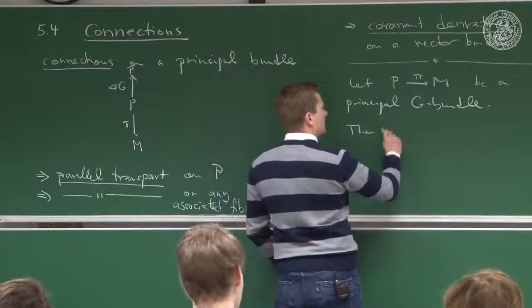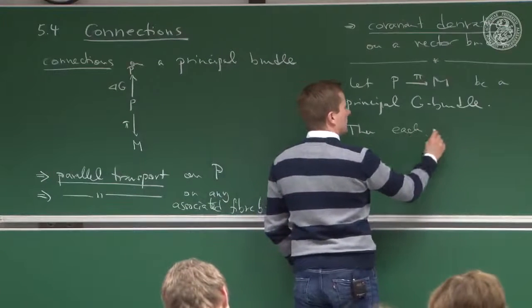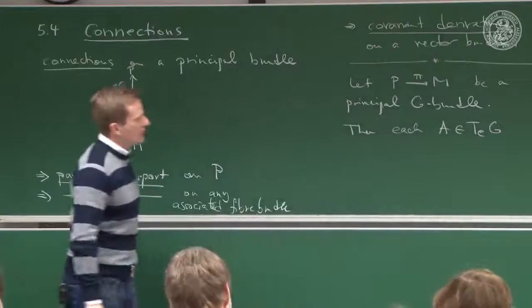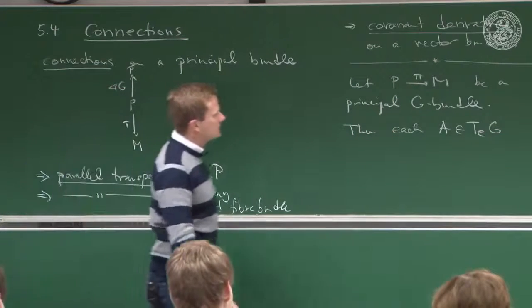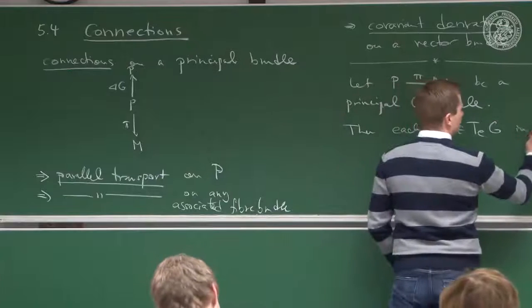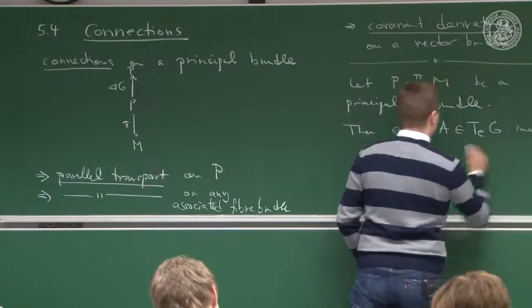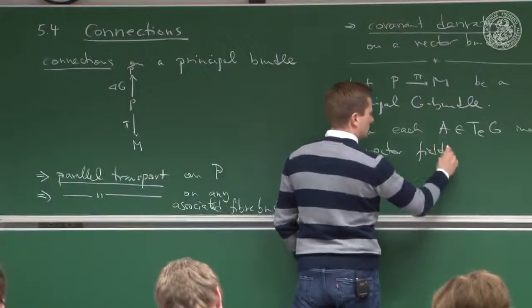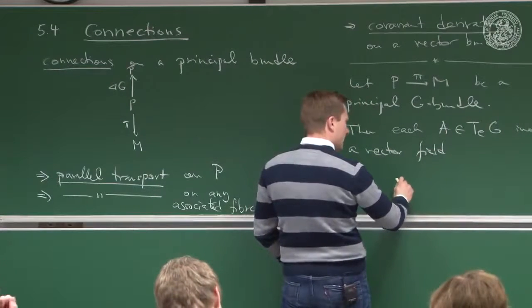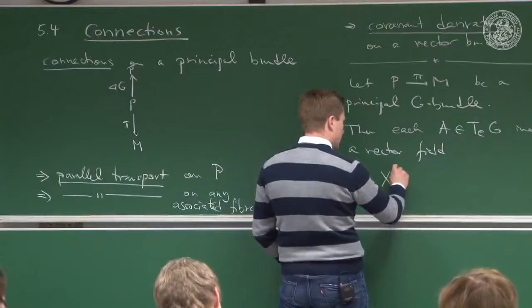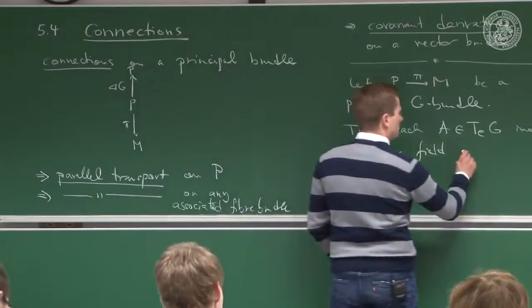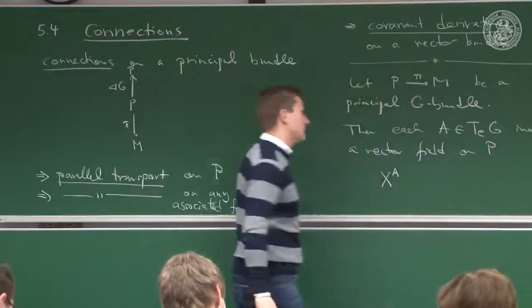Each A that we take from the Lie algebra of the group G induces a vector field, which we may call X_A, a vector field on P, on the principal bundle.